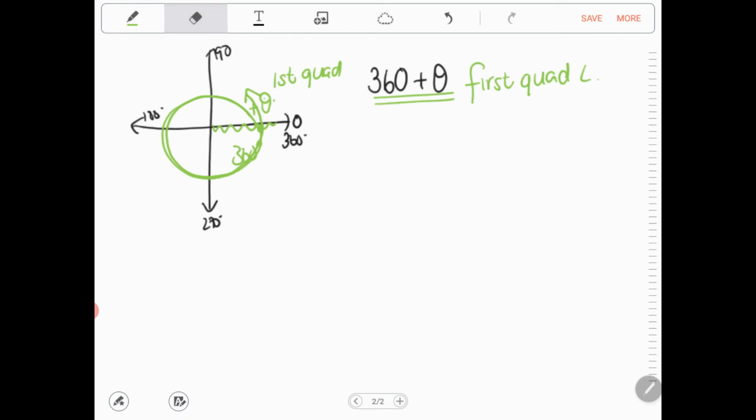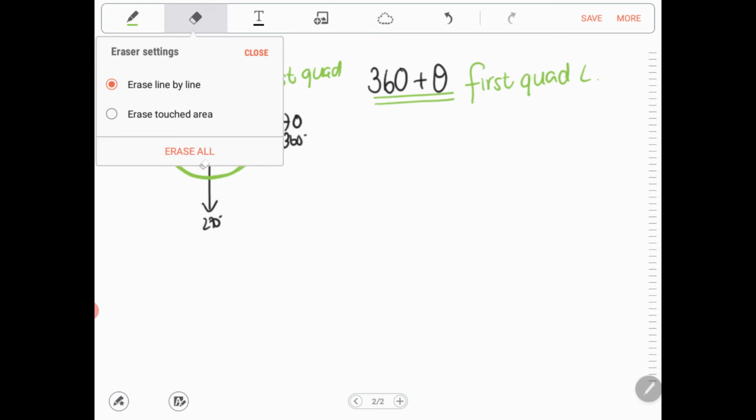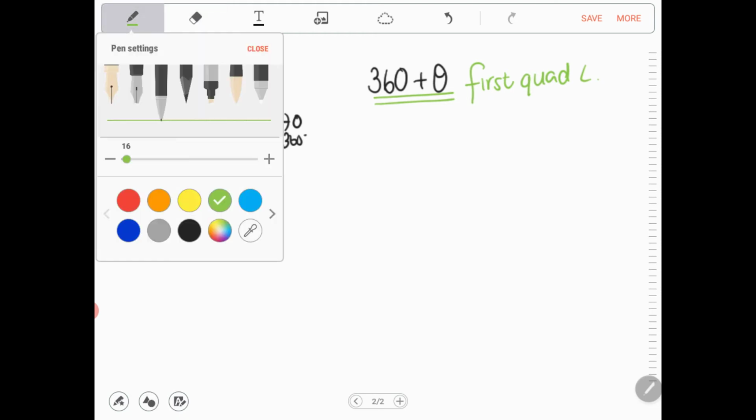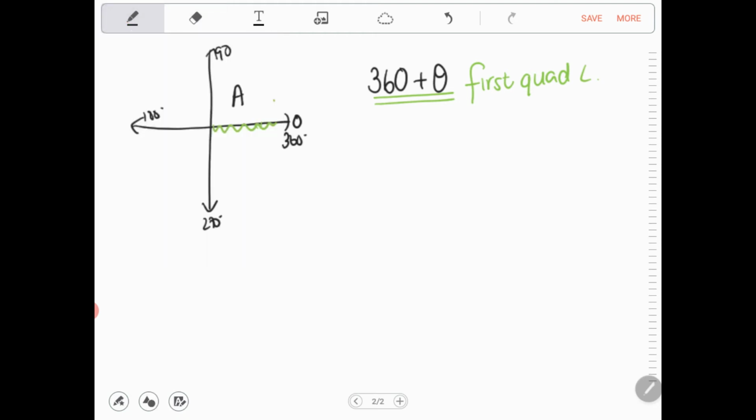So let's look at our CAST diagram quickly. All sinners turn costly. We said this is theta. This is 180 minus theta in the second quadrant.